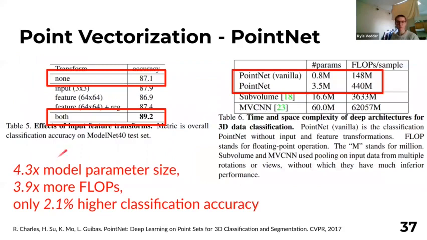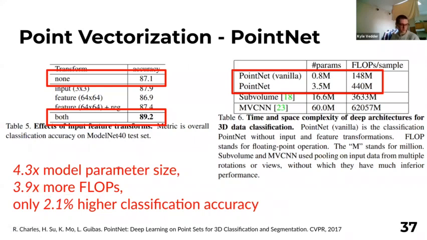So if you actually look in the PointNet paper, they look at how accurate this is for classification, right? Overall classification accuracy, given no transformation network, and then with both. You only get 2.1% higher accuracy, but the model is 4.3 times bigger and uses 3.9 times more flops.